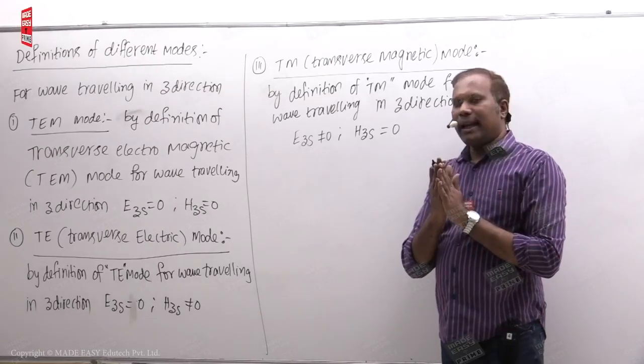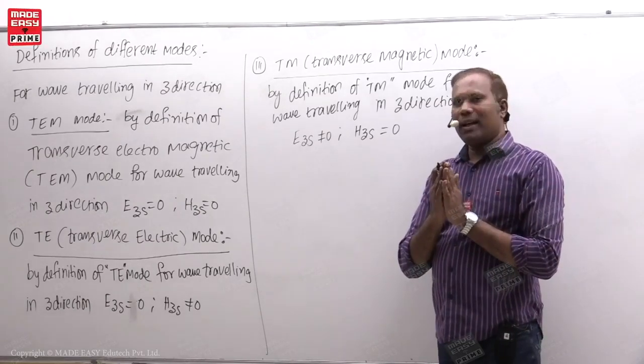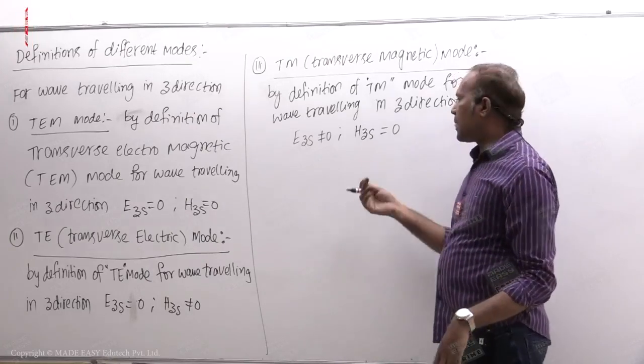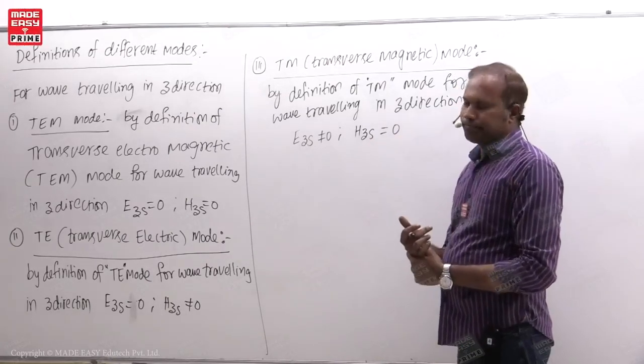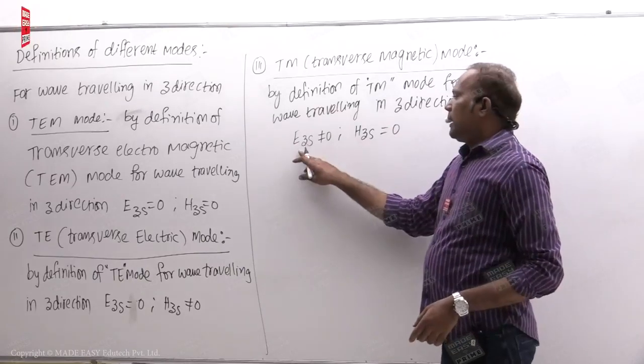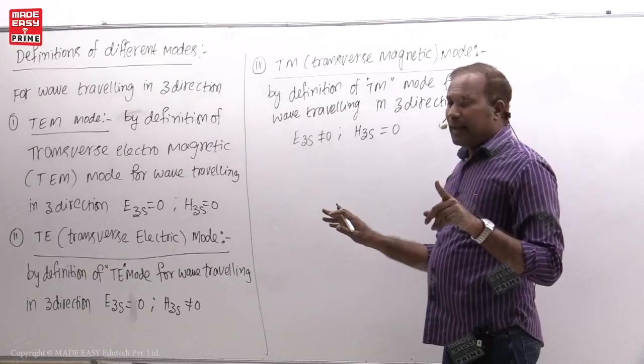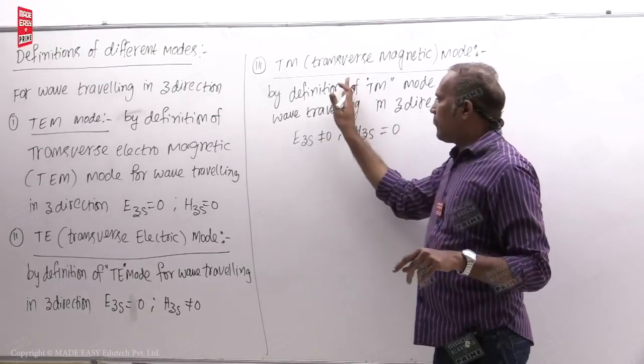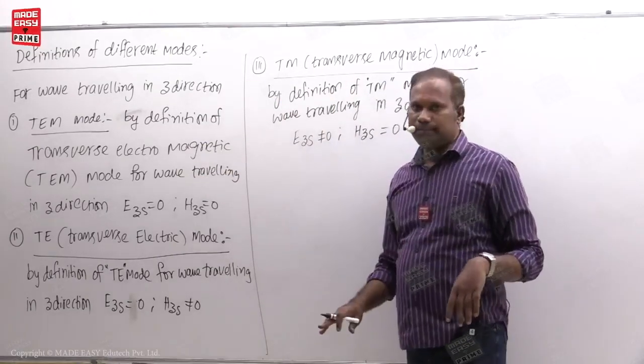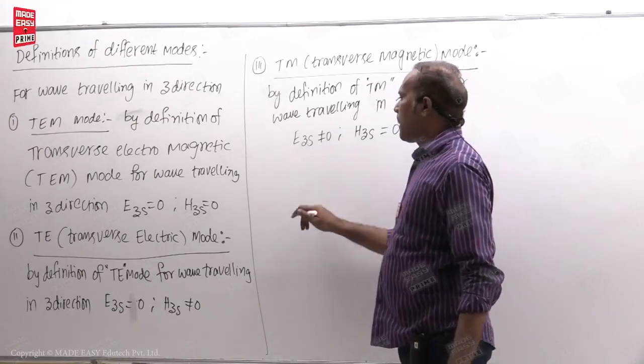That means the magnetic field can have X component and Y component, but the magnetic field Z component should not be there. Definitely EzS should be present. Once again I am telling, if this becomes 0, again the definition goes to TM mode. Okay, that is why it should be there.